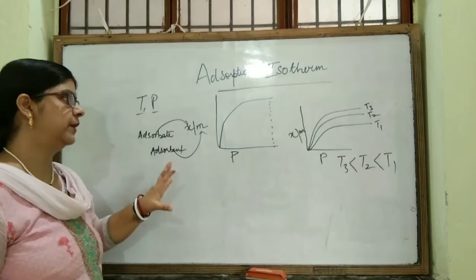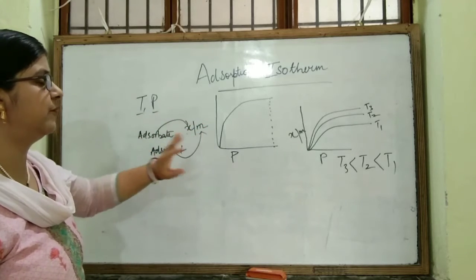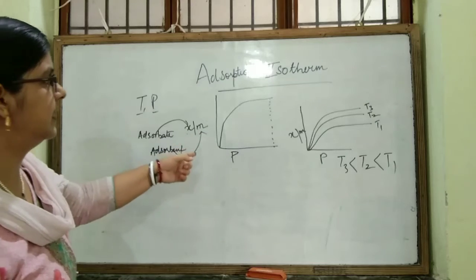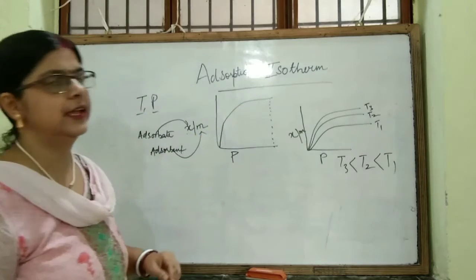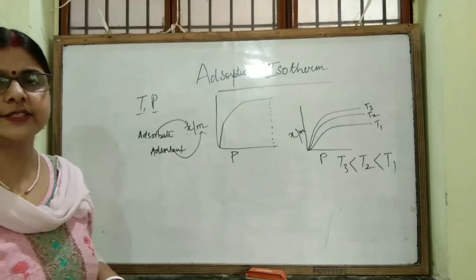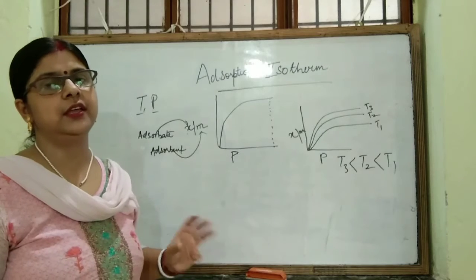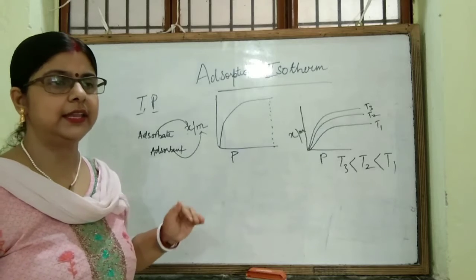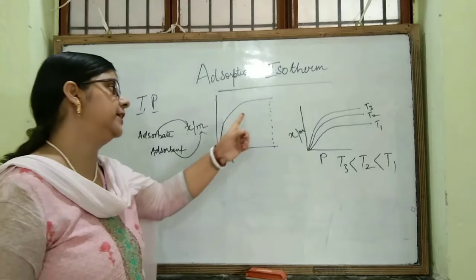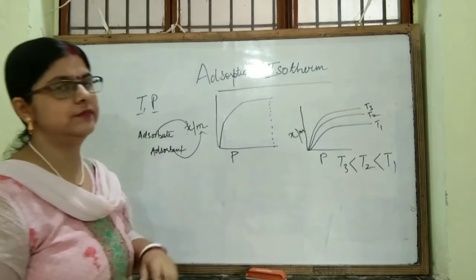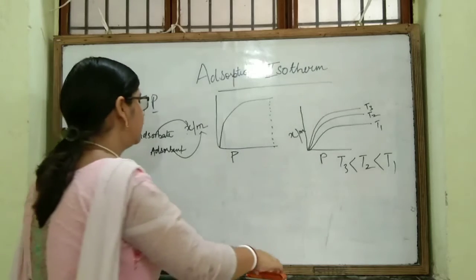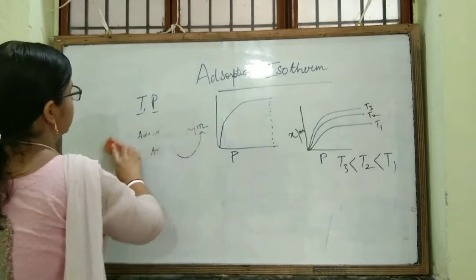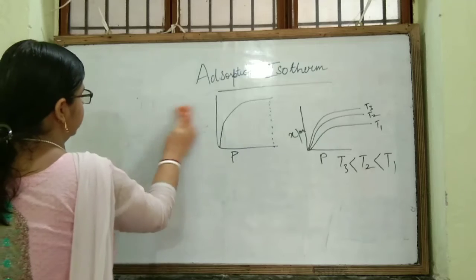So if we are plotting a graph, what type of graph are we seeing? In the beginning it is increasing with the rise of pressure, and then when the saturation point is reached, it becomes constant. So you can explain this in this way.